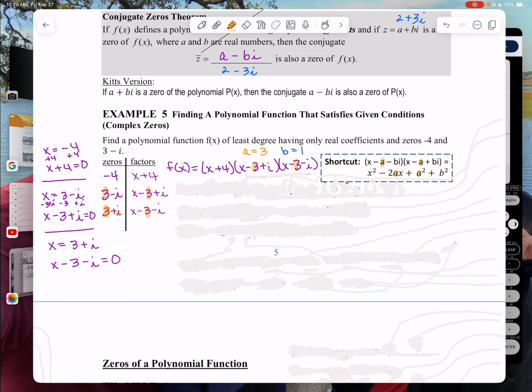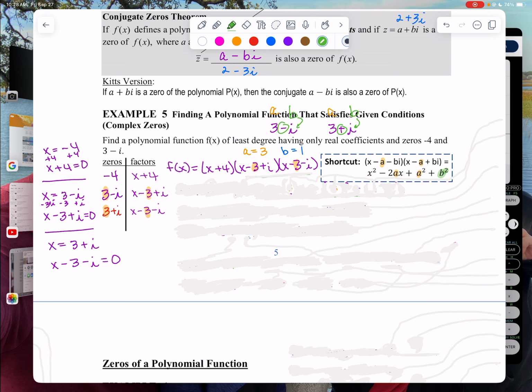Notice my b value. Might help if I write it out. 3 minus i was one of them, and 3 plus i was one of them. So here is my a value. And then my b value is the one that's with the i. Now notice that one of them's negative and one of them's positive. So which one do I use? It doesn't matter because if you look in the formula, we only have it in there once and we square it.